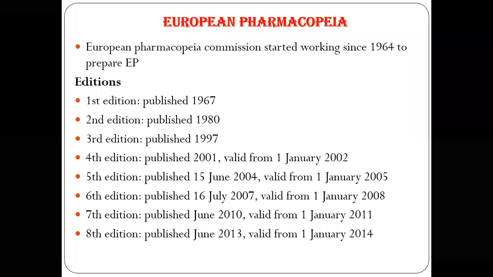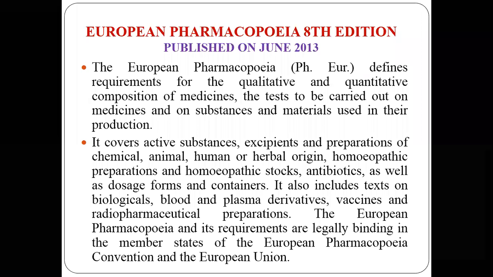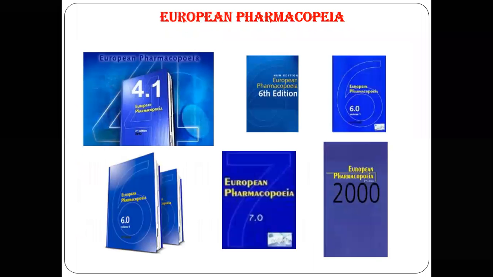The seventh edition in 2011, and the eighth edition in 2014. The 8th edition was published in June 2013. This is the color of the European Pharmacopoeia. It is blue in color.